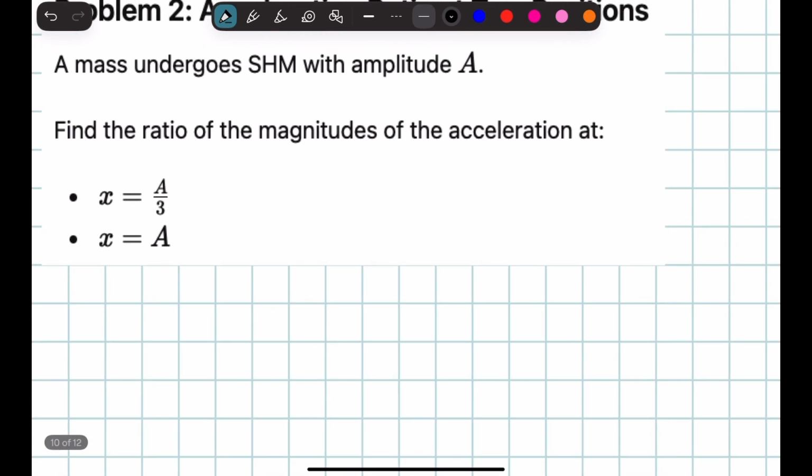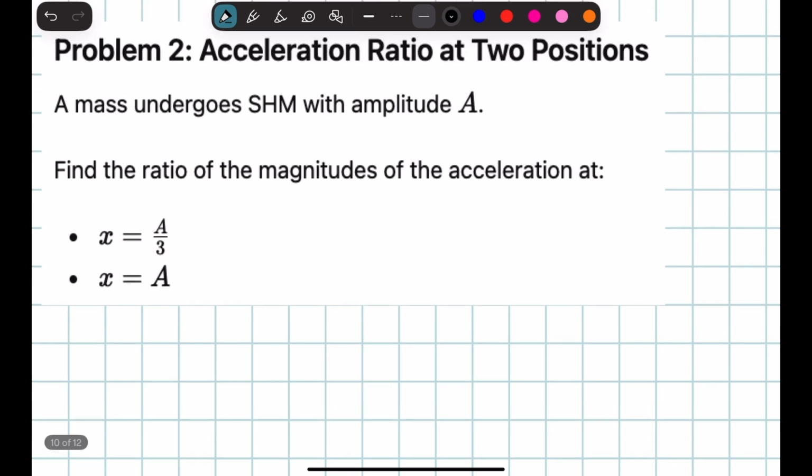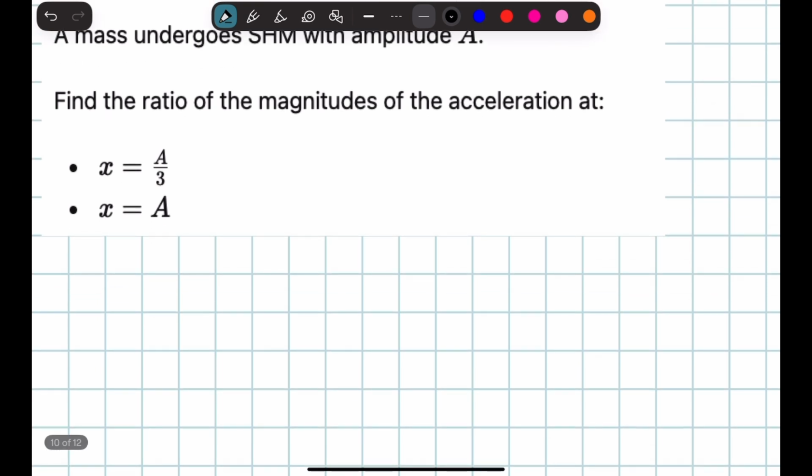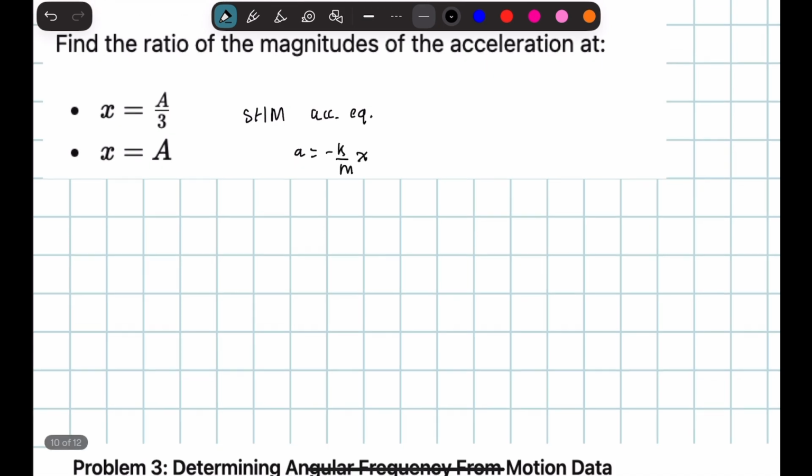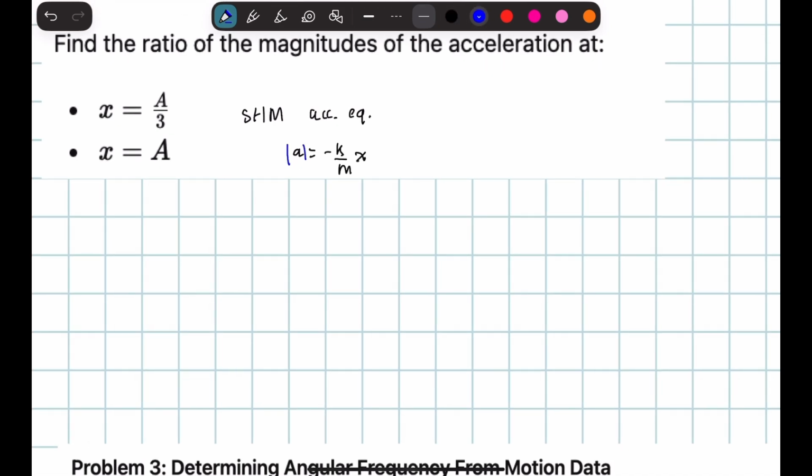A mass undergoes simple harmonic motion with amplitude A. Find the ratio of the magnitudes of the acceleration at x is equal to a over 3 and x is equal to a. So using the simple harmonic motion acceleration equation, we have a is equal to negative k over m times x. Taking the magnitudes, we need to find the acceleration at a over 3 and also the acceleration at a.